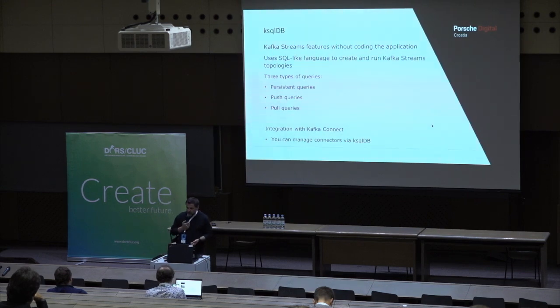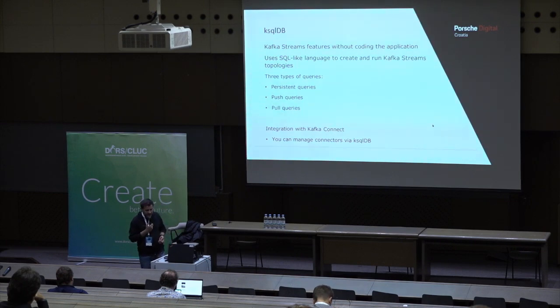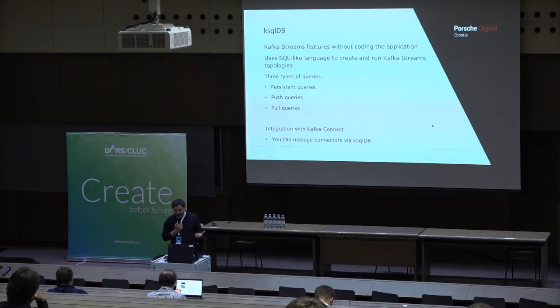And there are also pull queries, which can be used to get the current state of the underlying state stores used by the KSQLDB persistent queries. There is also integration with Kafka Connect, so you can use KSQLDB to manage Kafka Connect connectors, but it's easy to manage them without it via the REST API of Kafka Connect, so that's just a bonus.